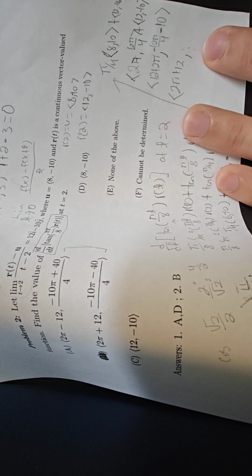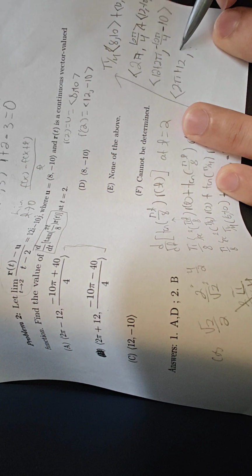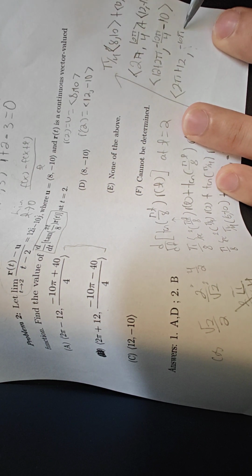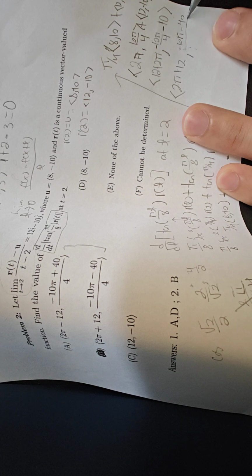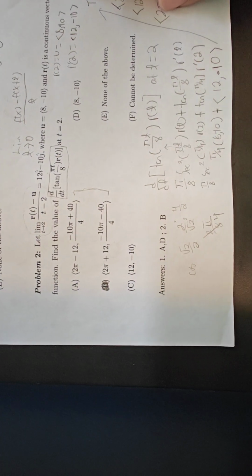What they did here was they wanted everything under that 4, so they multiplied this by 4. So it's going to be negative 10 pi minus 40 over 4. And you can see if you simplify that out, divide by 4, it's negative 10. So it all works perfectly.